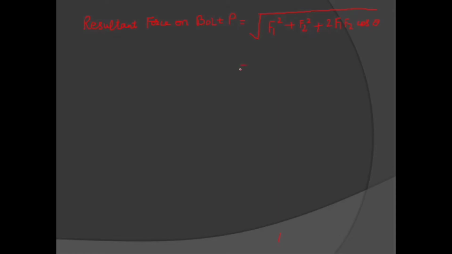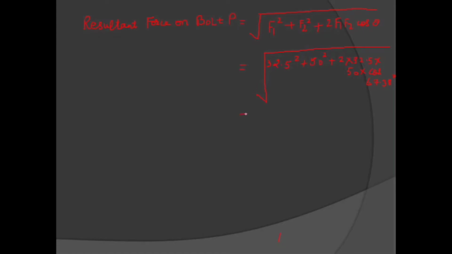Now F1 was 32.5 kilonewton, F2 is equal to 50 kilonewton, 2 into 32.5 into 50 into cos of 67.38 degree. So we have to put it into the under root.